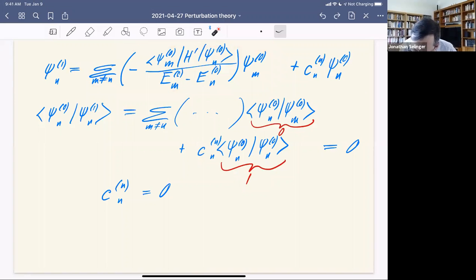Conventionally, people get rid of the minus sign and they switch the order of the terms in the denominator.